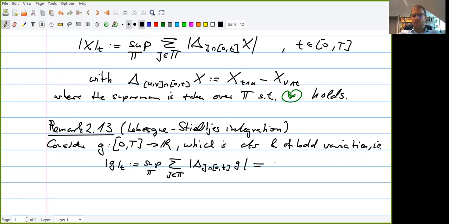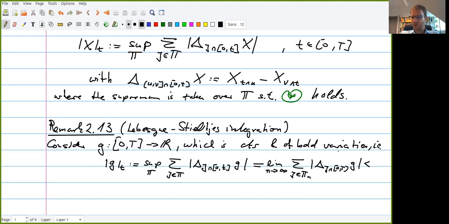And this is actually equal, which is doable to show but not super simple, to taking a null sequence of partitions J_n, letting n go to infinity, and taking the sum over the partition points of g.